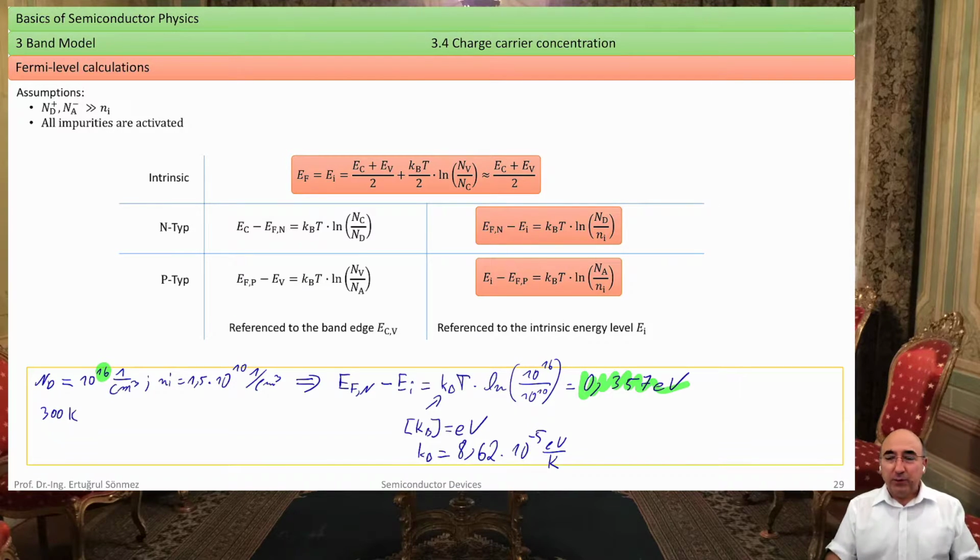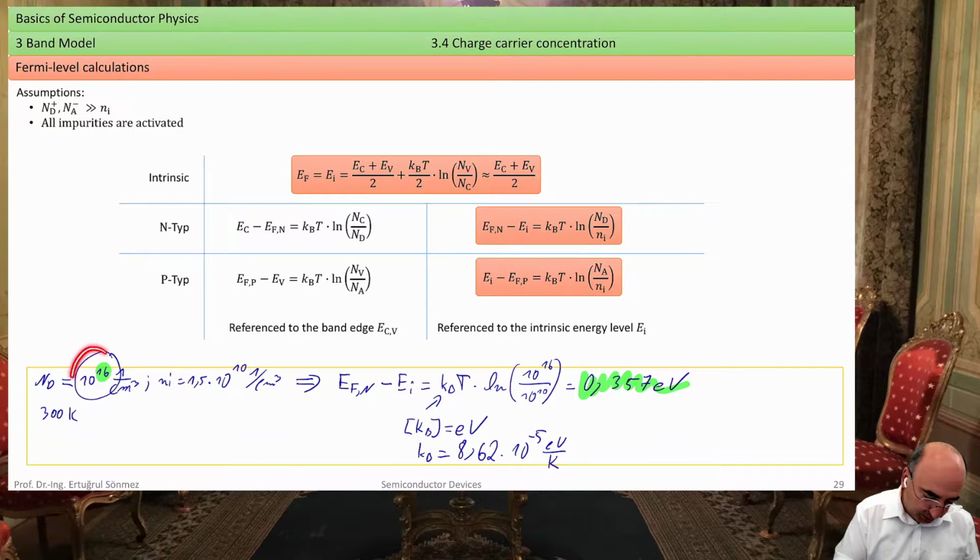Okay, that's it. That was my intention, so that you get some feeling where we are with the Fermi level based on calculations compared to the doping concentration, which is normal, 10 to the power of 16.